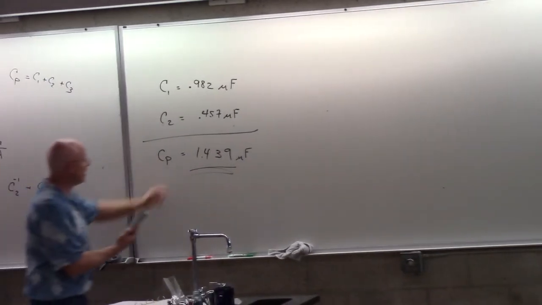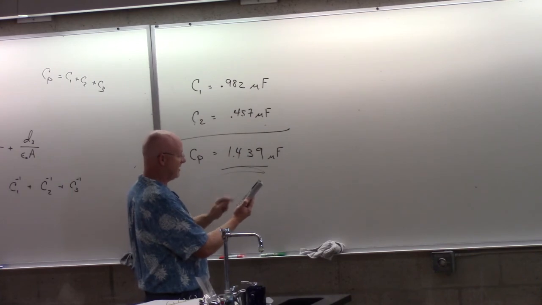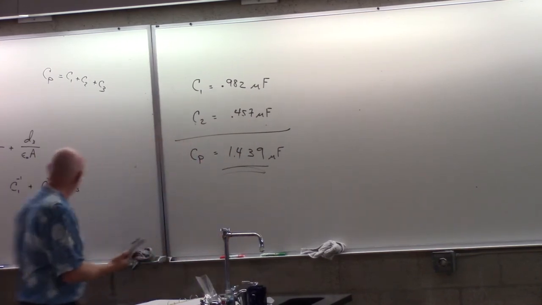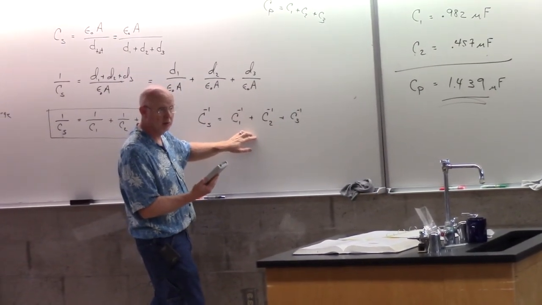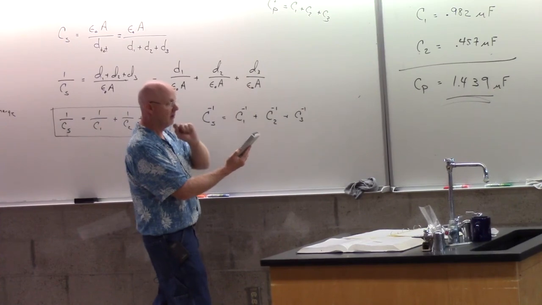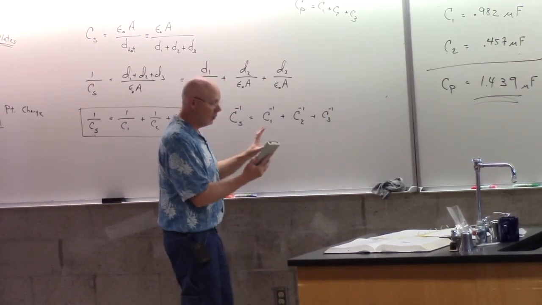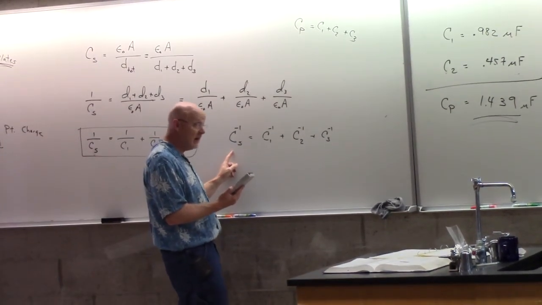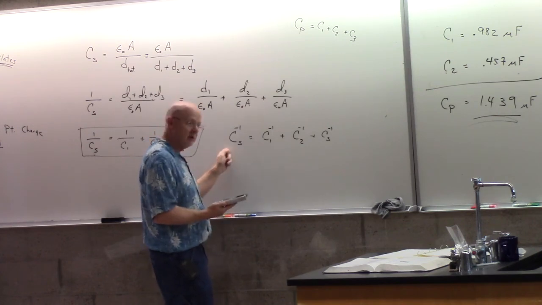And then I'll take the second one, 0.457, and hit the reciprocal button. And so I have just entered the reciprocal of 1 and the reciprocal of 2. And then I'll hit enter. So I've just added them together. Now, what that has given me is not quite, I'm not quite done. What it has given me is the reciprocal of the answer.